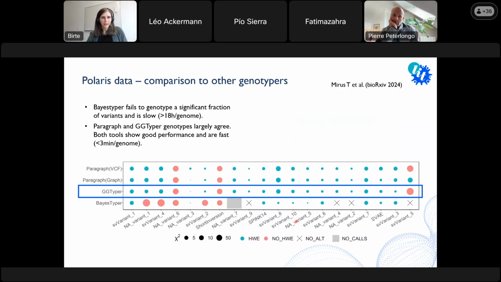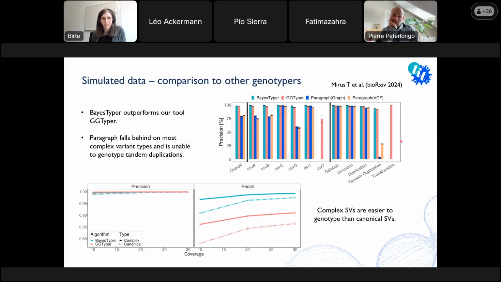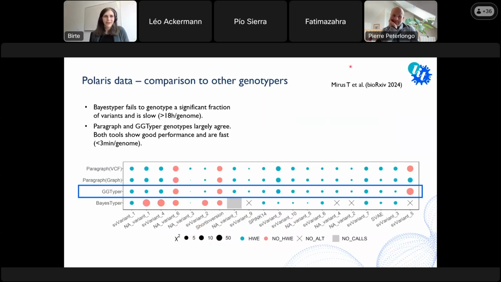So on real data, this is when my PhD students started to panic a bit. BayesTyper is better than us. But when you go to real data, the picture changes quite a bit.